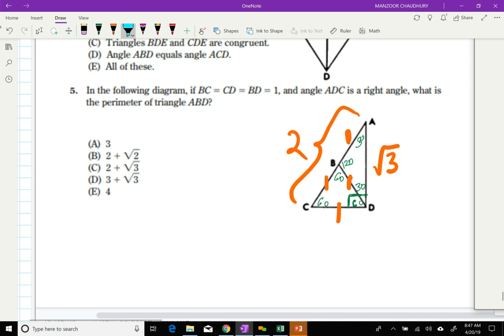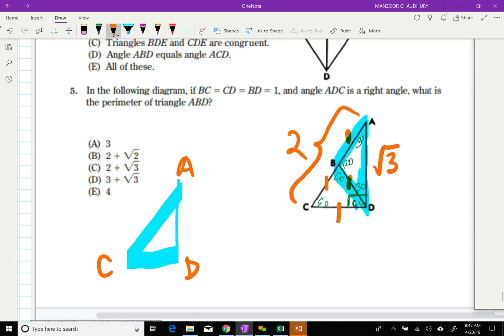You got to know that. The entire triangle ACD is a 30, 60, 90 triangle.